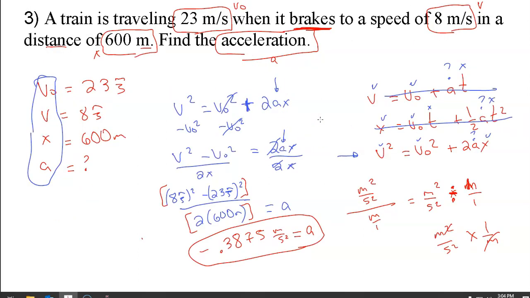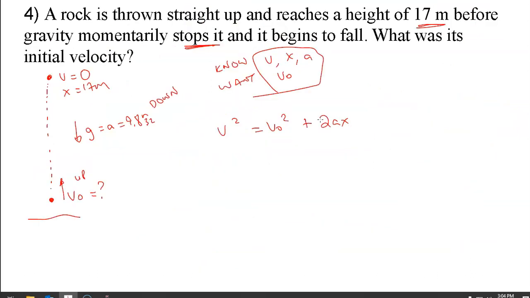Last time we were solving for the acceleration. Here we know the acceleration, and we're looking for the initial velocity. So it's very similar, and yet it's different too. Every one of these is a little bit different, and you're crafting a solution to it. You've only got 3 choices, but you're building it every time. And the more you can see it, the more real this is to you, then the better off you are.